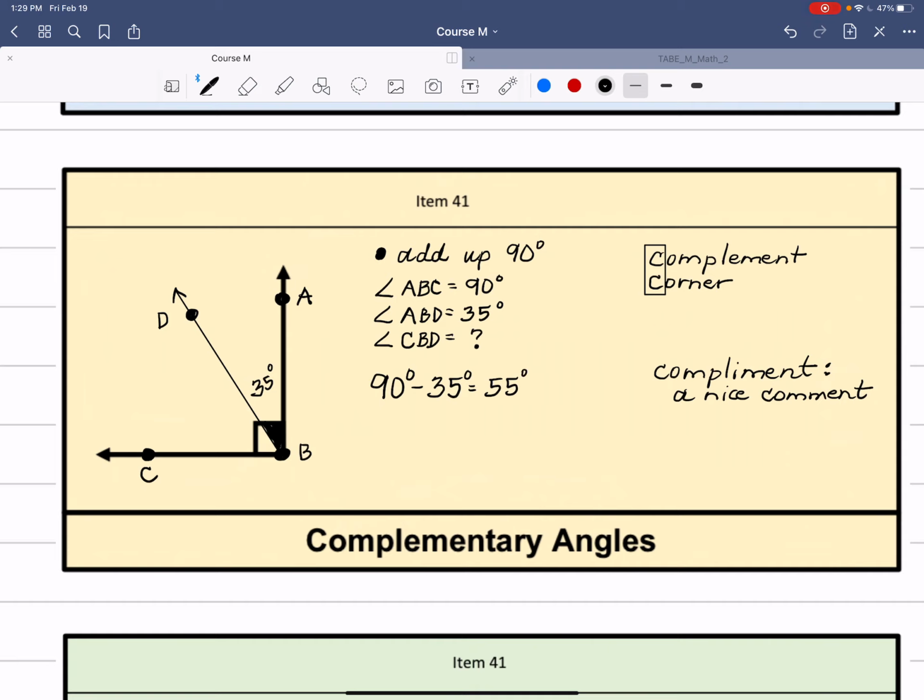So angle CBD is 55 degrees. So we would say that 35 degrees is the complement of 55 degrees. You could say it the other way too. You could say 55 degrees is the complement of 35. That would be fine. Complementary angles.